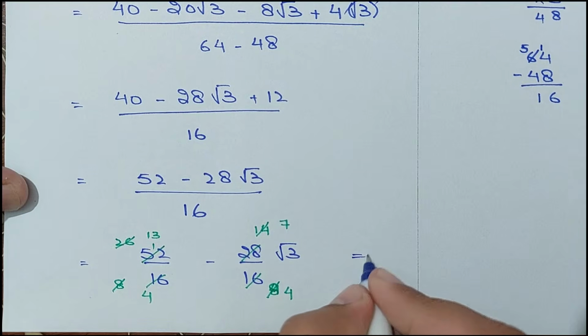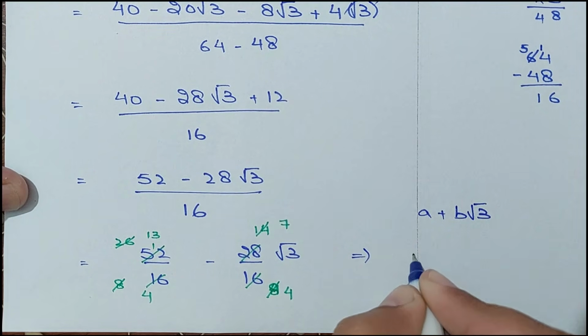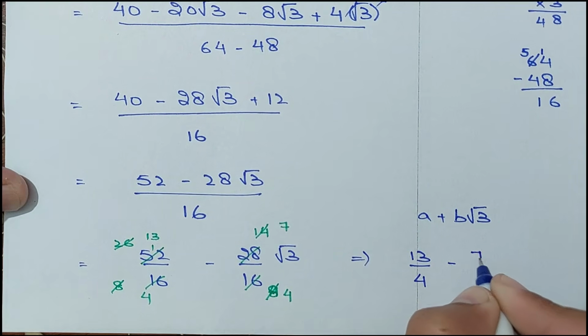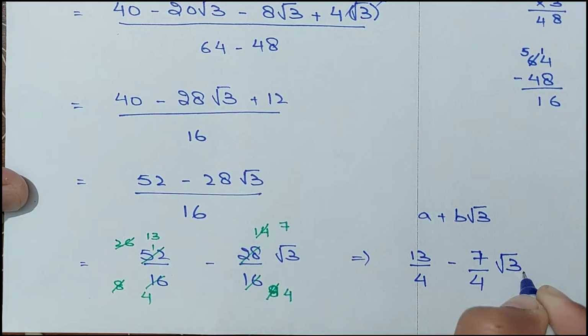The simplified answer in the form a plus b root 3 is 13 over 4 minus 7 over 4 root 3, where a and b are constants. These two are the constants.